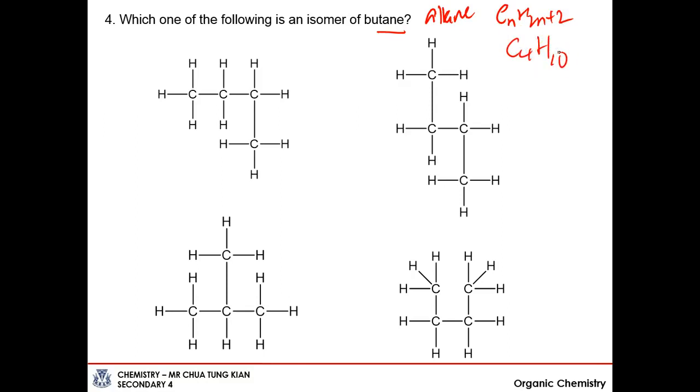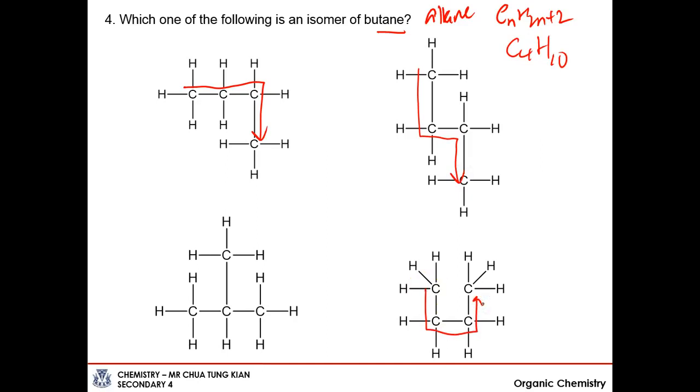So C4H10, if I draw the straight chain, 1, 2, 3, 4. All of these are 4 carbons with 10 hydrogens. So which one of the following is an isomer of butane? If we look at this one, this is a straight chain, a continuous carbon straight chain. Next one, continuous carbon 4.